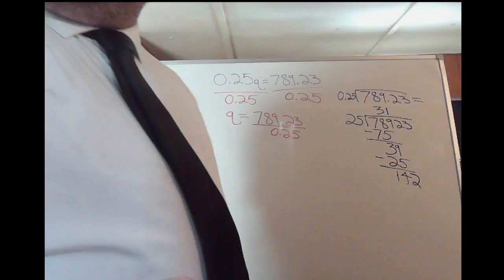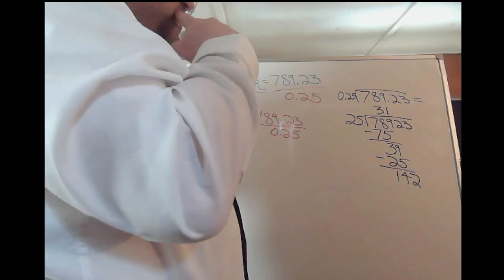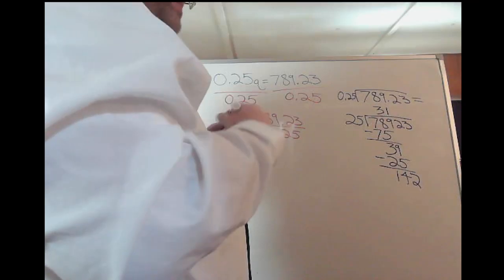Once. 1 times 25, well, that's just 25. 39 minus 25, that's going to be 14. Bring down the 2 from the dividend. Now you've got to figure out how many times 25 goes into 142. It would go in 5 times.